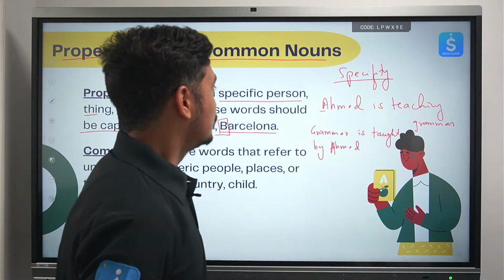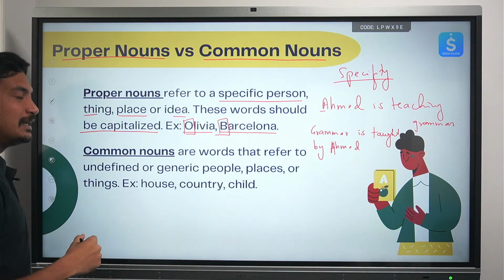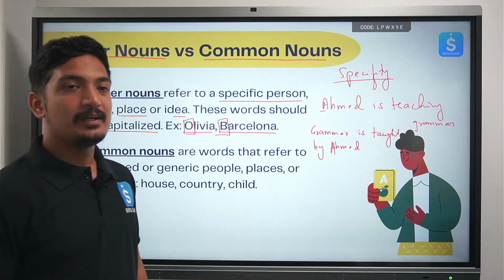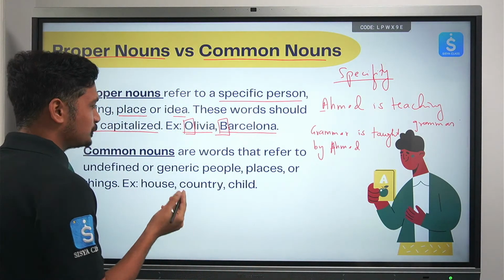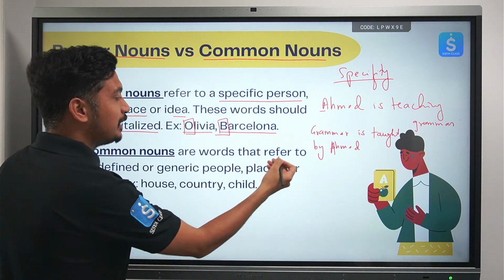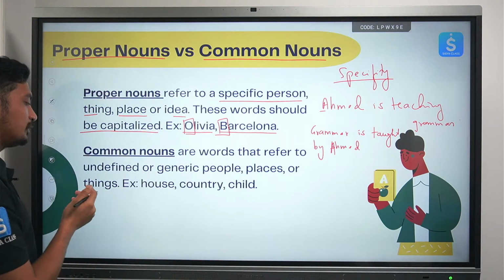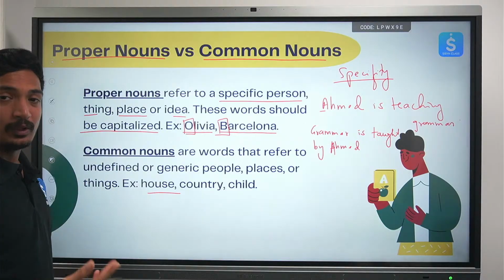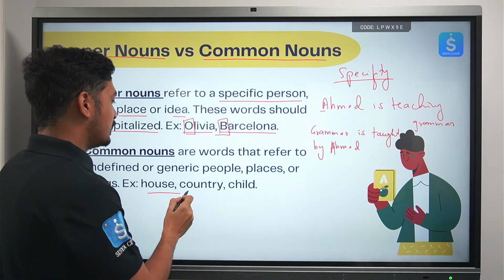Here the things are very specific. When you talk about common nouns, the idea or the thing or the person is not very specified. Over here it says common nouns are words that refer to undefined or generic people, places or things. For example, house. But what house? There is no specificity given, right? Then we have country.